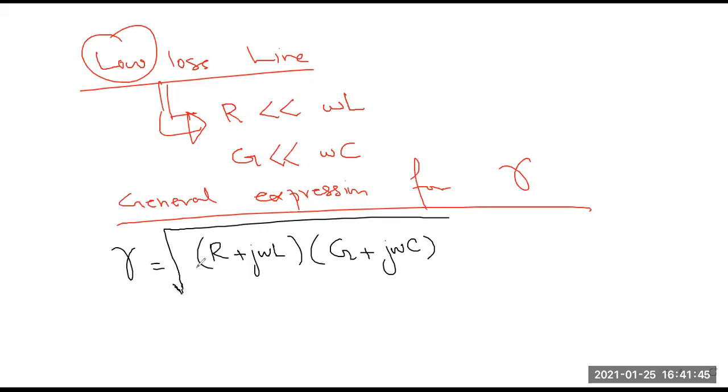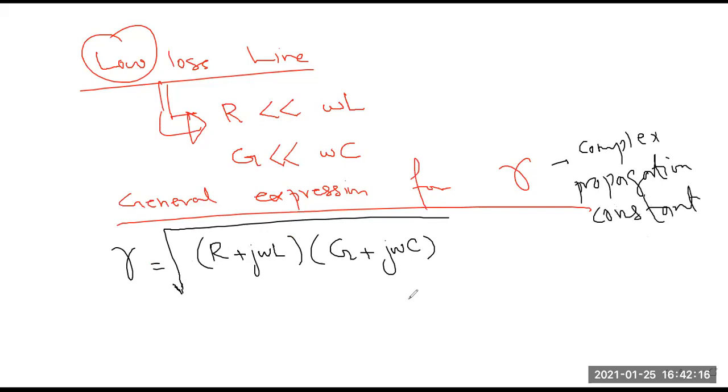When we were talking about the transmission line theory, in which we represented the transmission line in terms of its lumped element model, we derived this expression for the propagation constant of a transmission line. This gamma is a complex propagation constant, and it depends on these three factors.